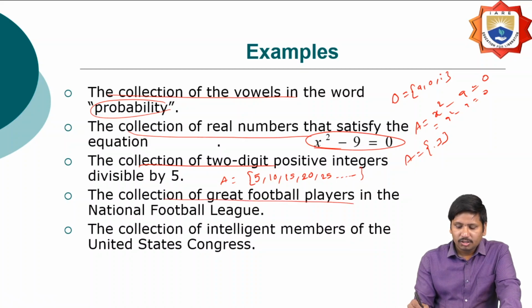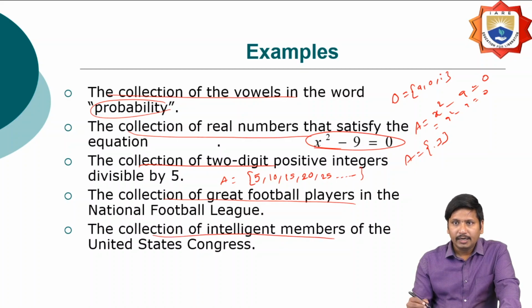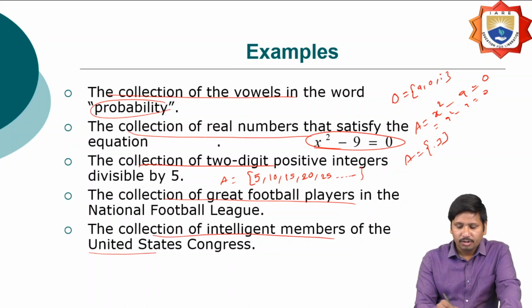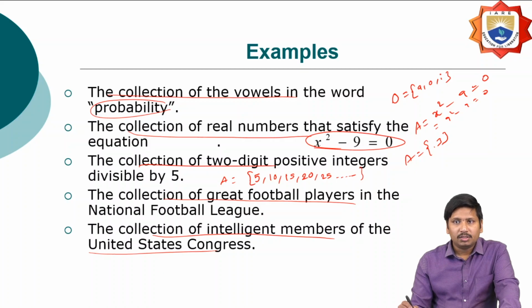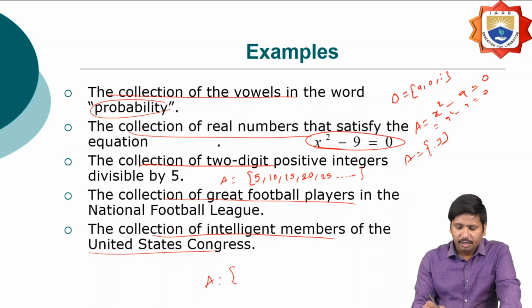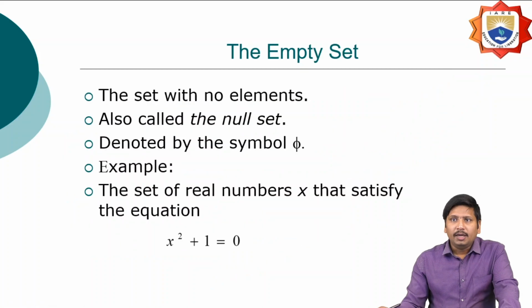And similarly, the collection of football players in the National Football League. This is also one of the examples. And the collection of intelligent members of the United States Congress, like let it be A, B, C, D, E, like this.